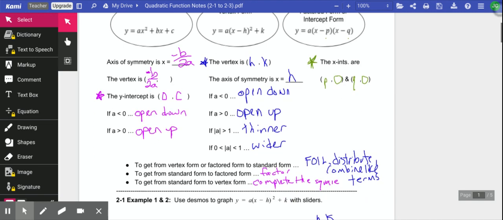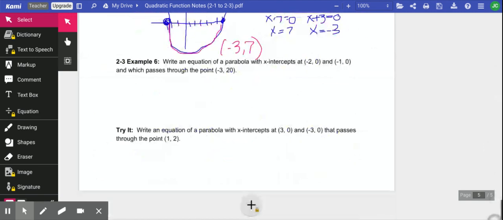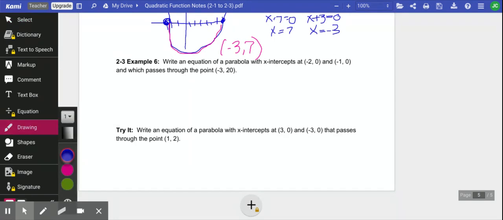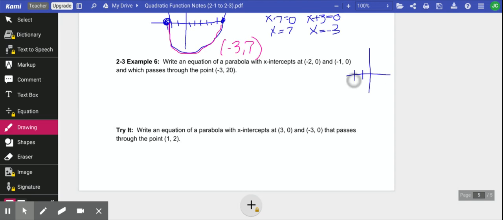So back to our last problem. All right. So what this is telling us is we know that we have an intercept at -2. That means this comes from a factor of, it's the opposite of that, x plus 2.